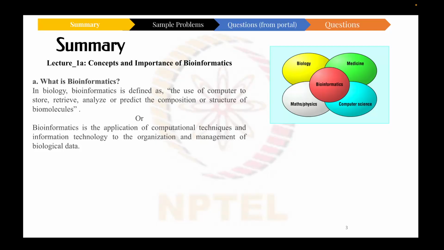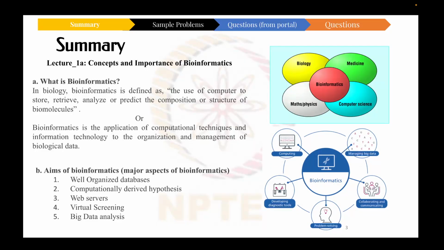Algorithms and software applications are developed to process and interpret biological data efficiently, ranging from sequence analysis to systems biology simulations. So, to summarize the interdisciplinary nature, bioinformatics acts as a nexus, leveraging the insights from biology, harnessing the computational power of computer science, utilizing mathematical models and incorporating principles from physics and medicine to advance our understanding.